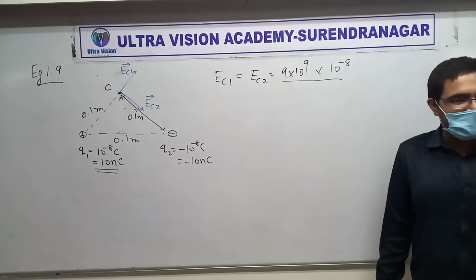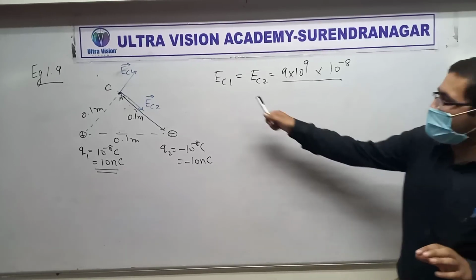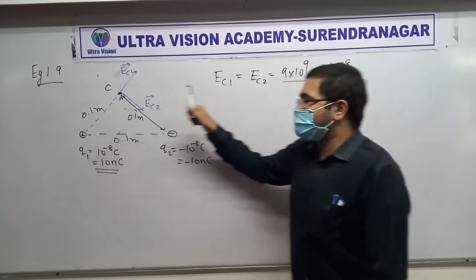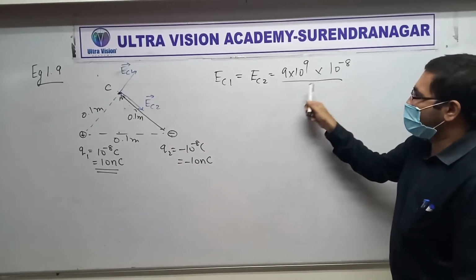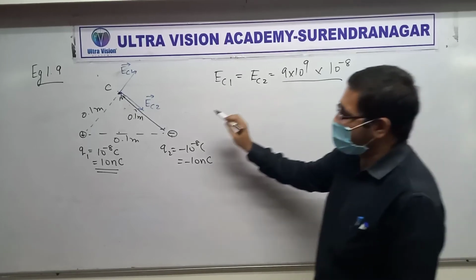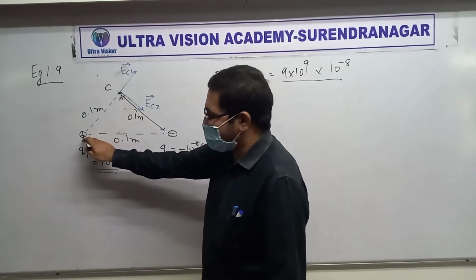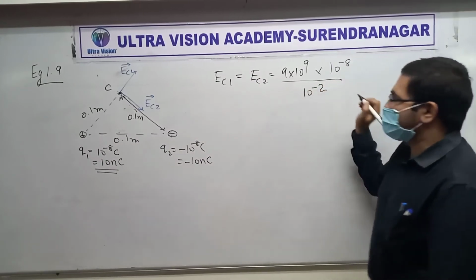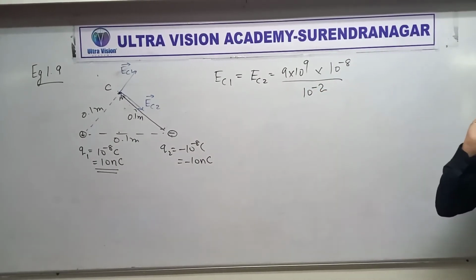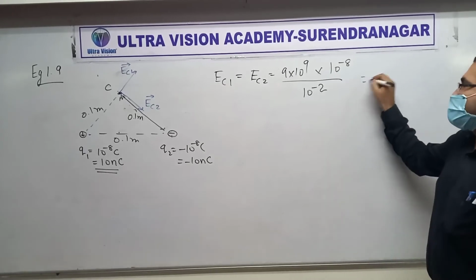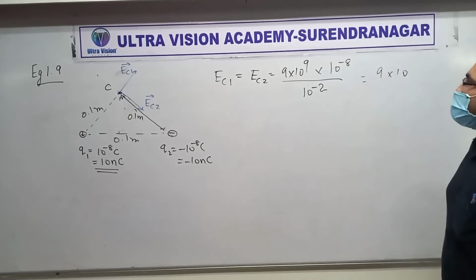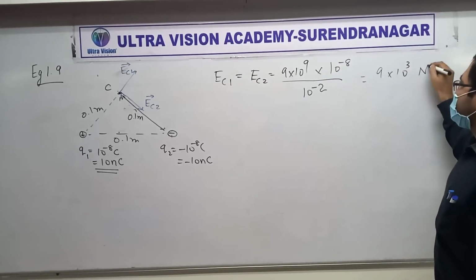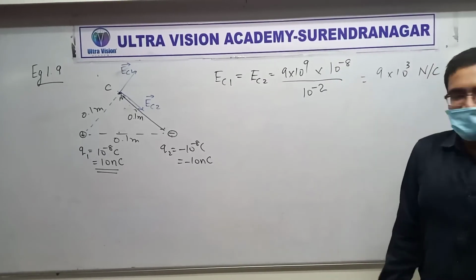Which formula are we using? Electric field due to a point charge. So KQ by R square. How much is the distance between the point and the charge? 0.1. 0.1 square means 10 raised to minus 2. Clear? Fine? Simplify this. So this is 9 into 10 raised to 3: 9 minus 8, 1, and plus 2, 3. Okay? Both of these are same.